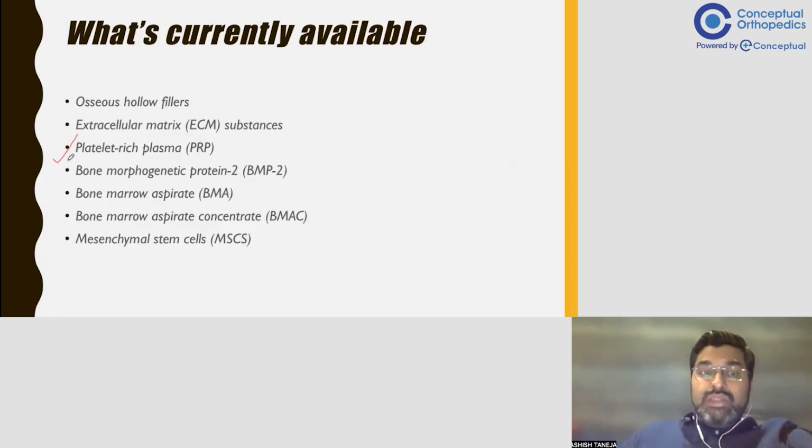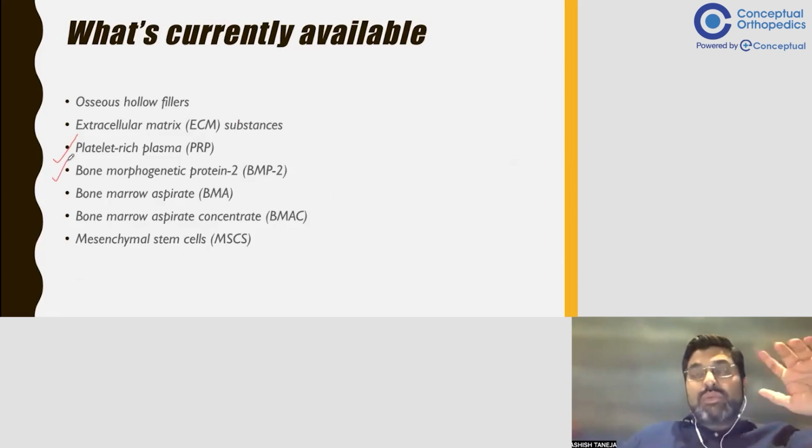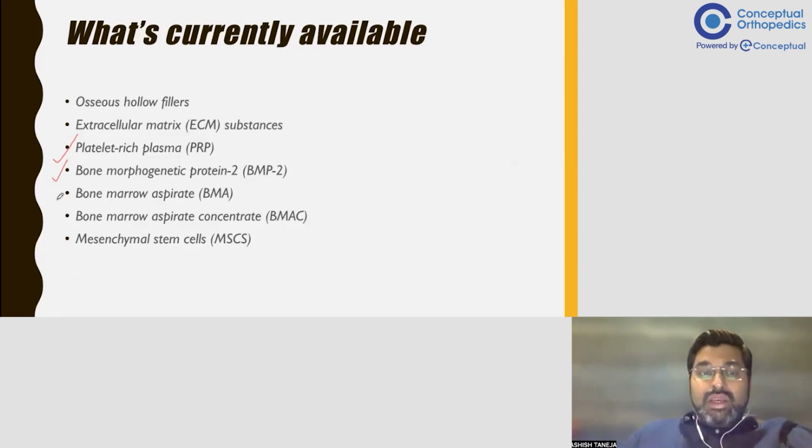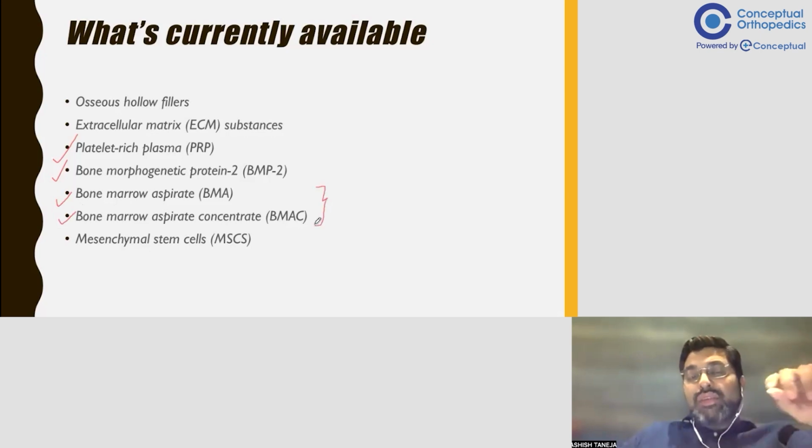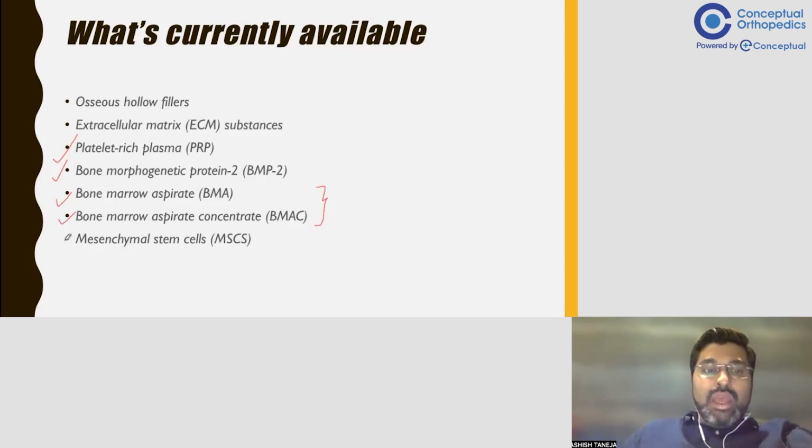Then BMPs, they're very effective but very expensive, so that's what inhibits their usage. Bone marrow aspirate and bone marrow concentrate, bone marrow aspirate concentrate, BMAC. Both of these are very good, but again they involve aspirating the bone marrow, which is an additional procedure and is usually done in OT itself. And then there are stem cell therapies.